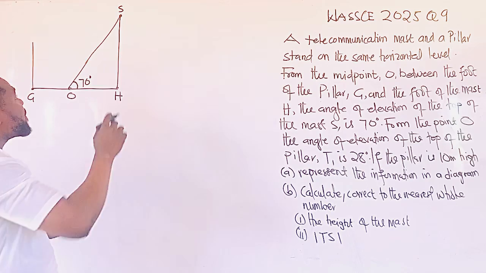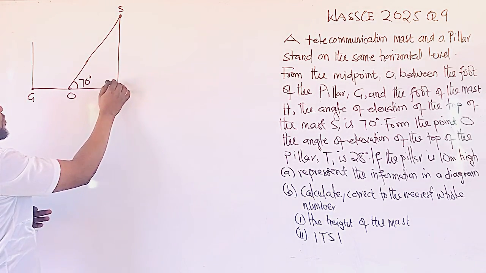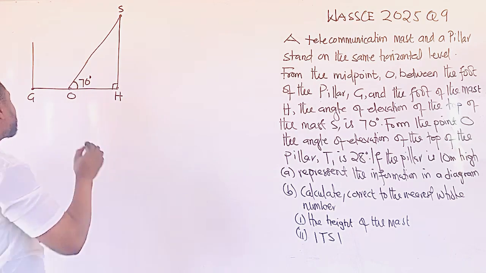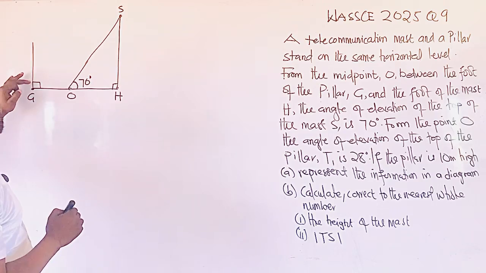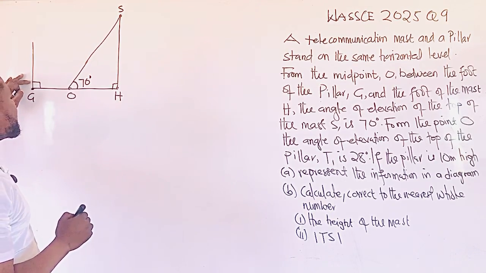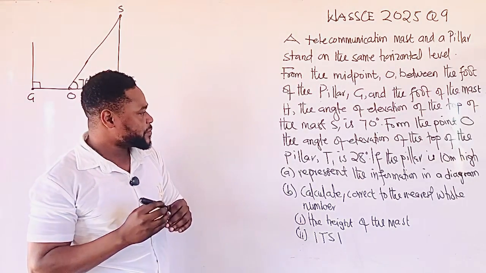And don't forget, the mast is perpendicular to the horizontal, so we put an angle of 90 here. Here too, the pillar is perpendicular to the horizontal, so we put an angle of 90 here. So we have this from the question.